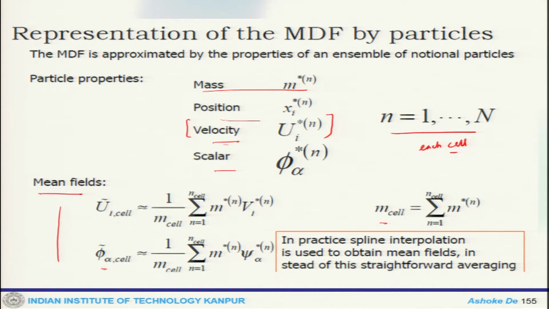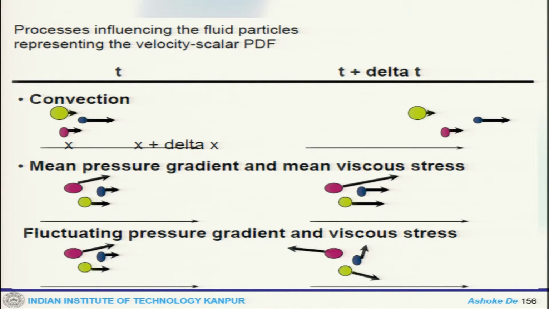There is a simple interpolation which is used for averaging and all this. One can use some more complicated interpolation. Now, we will quickly look at how the particles would actually react to different kinds of phenomena. There will be convection, so the particle will move and change its position with time. There is the mean pressure gradient and mean viscous stresses, so the particles will be exposed to different stress components.